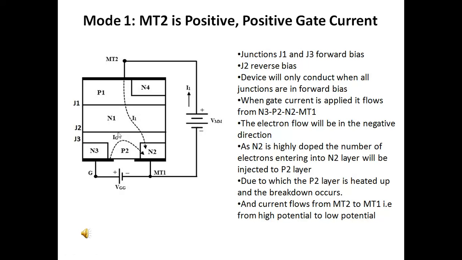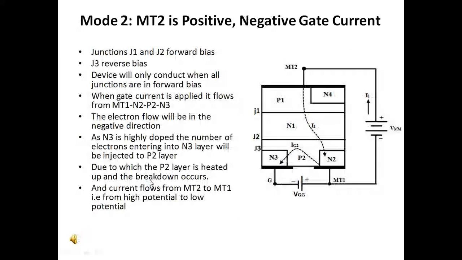J1 and J3, as we know, are forward biased, and now even J2 will be in forward bias. And the current flows from MT2 to MT1 terminal, from high potential to low potential.